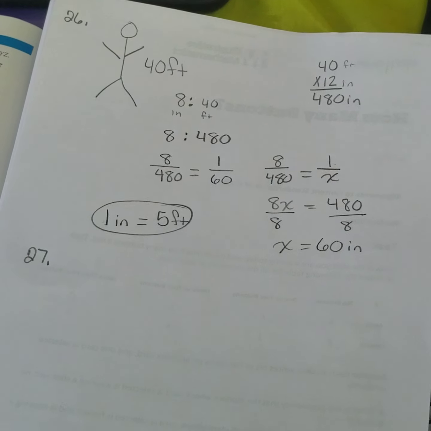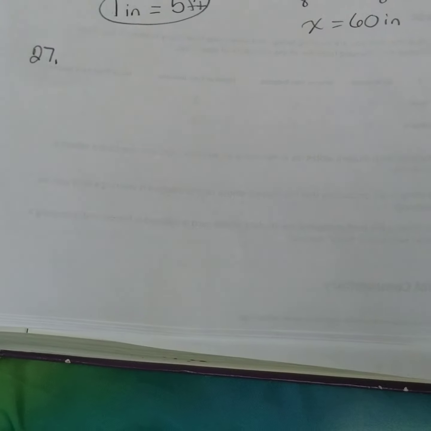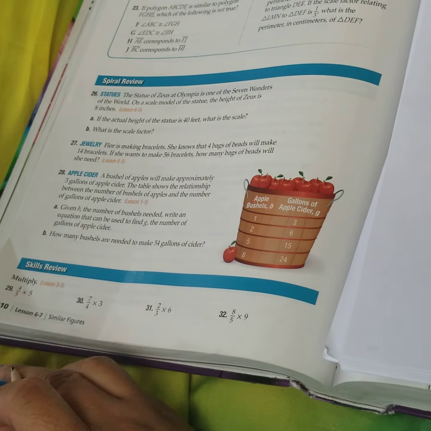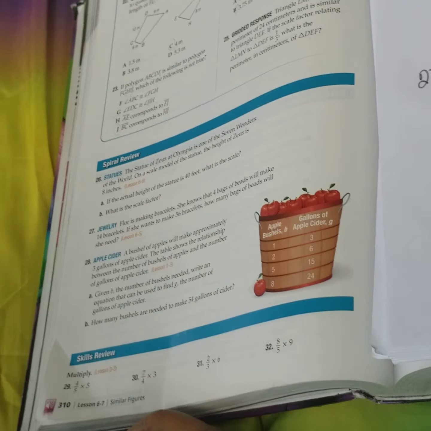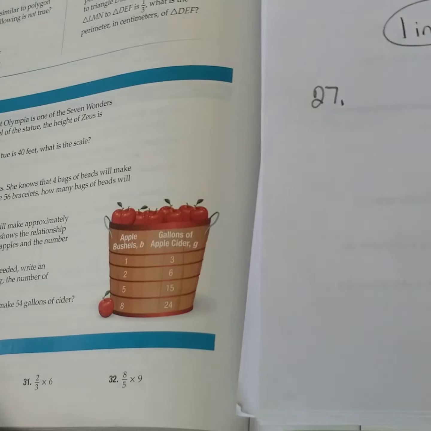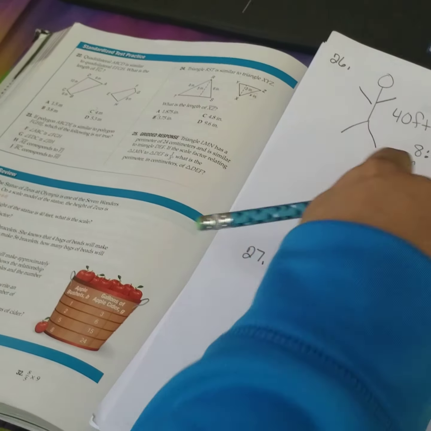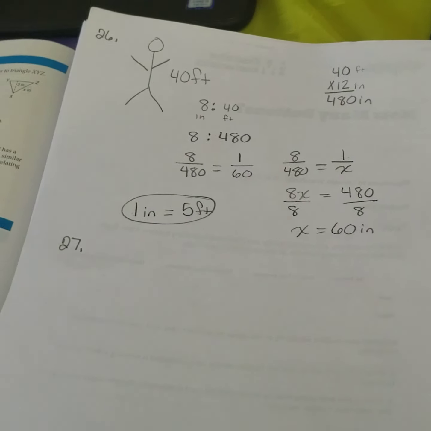27. Floor is making bracelets. She knows that 4 bags of beads will make 14 bracelets. If she wants to make 56 bracelets, how many bags of beads will she need? We set this up just like we did our ratio up here.